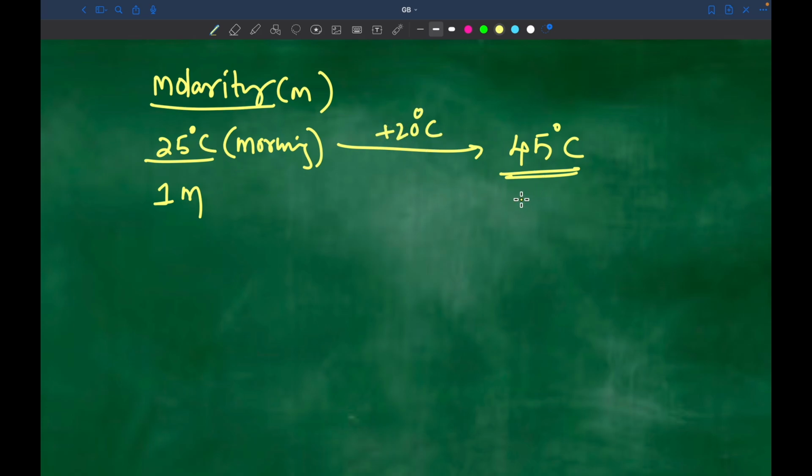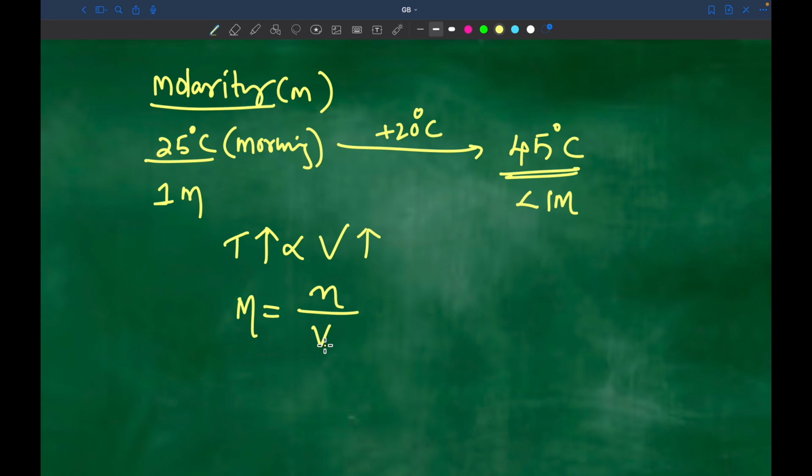Then the solution molarity will be less than 1 molar. Why? Because if temperature increases, volume increases, right? In the molarity case, moles by V is there. So molarity and volume are inversely related.